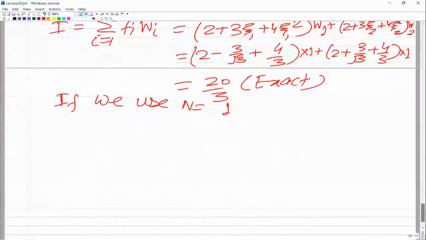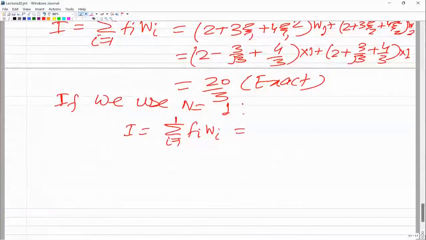So if we use n equal to 1, then this I would be equal to summation i going from 1 to 1 of fi into wi. And for 1-point integration, because I know the xi is 0, we will have 2 plus 3 into xi1 plus 4 into xi1 square into w1.